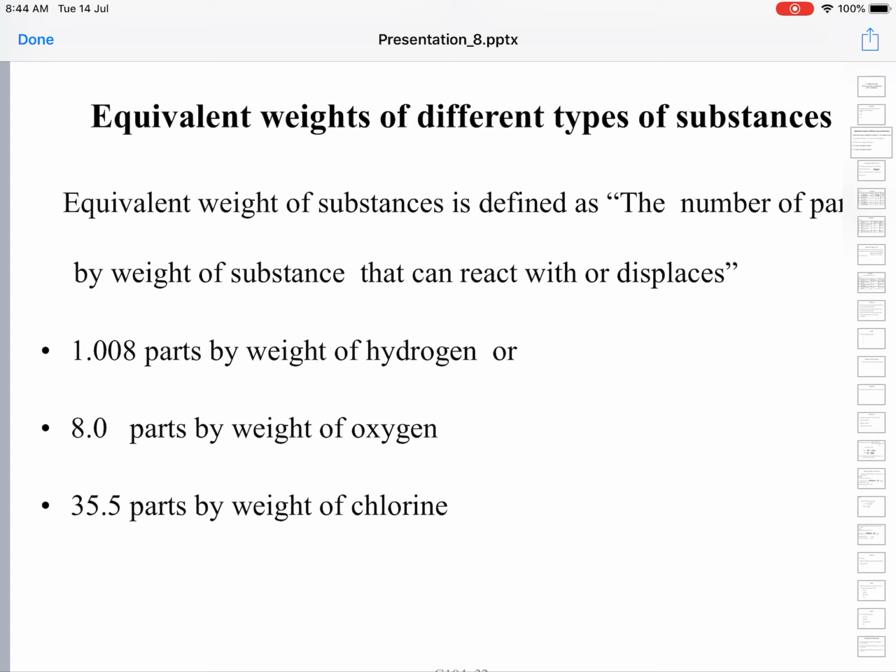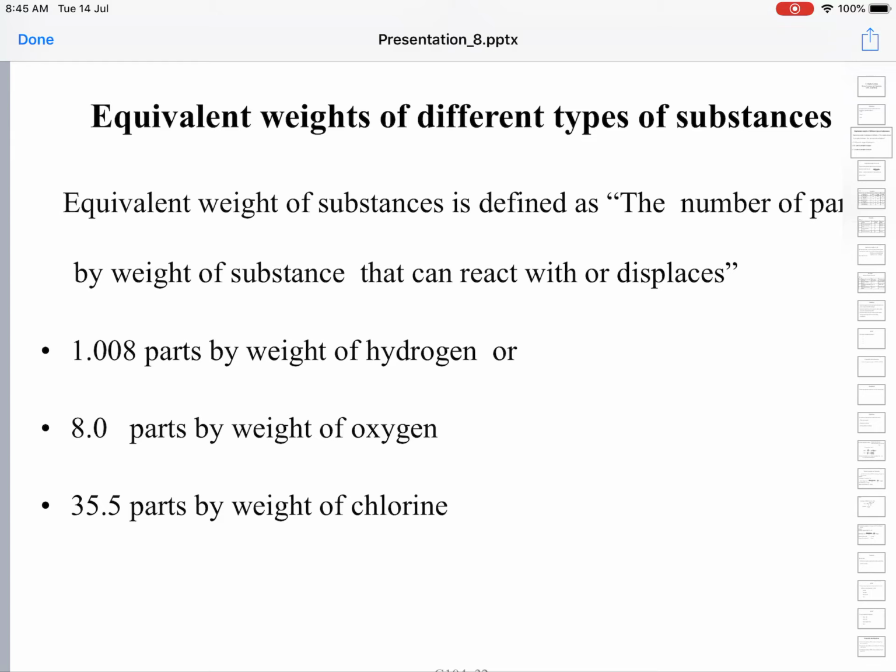If you take one substance, imagine you are taking fluorine, how many parts of fluorine will react with 1.008 parts by weight of hydrogen? Or how much of fluorine or sodium or whatever it is can react with 8 parts by weight of oxygen or 35.5 parts by weight of chlorine.